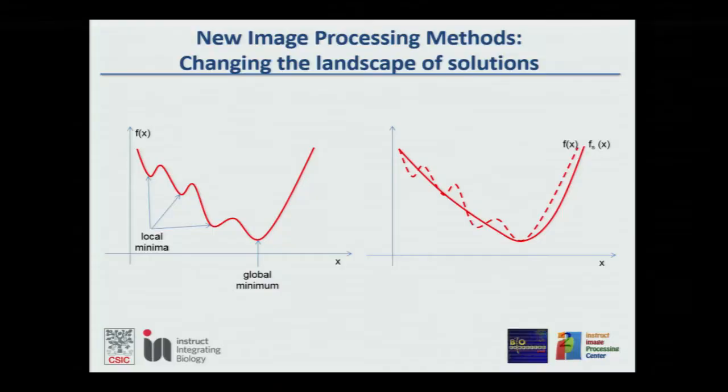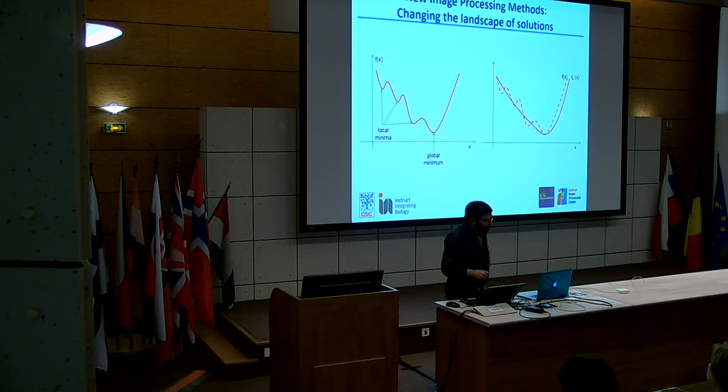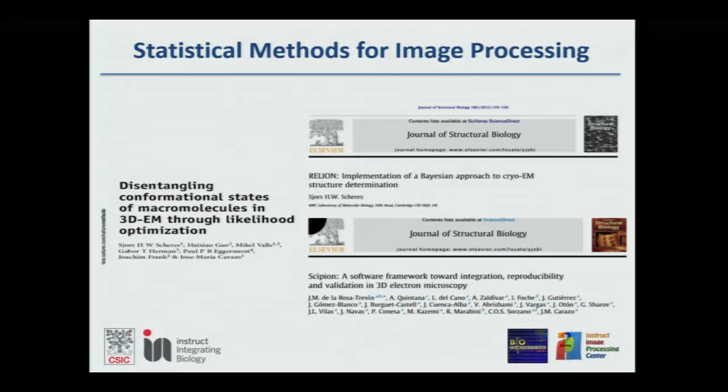Well, through some exhaustive procedure, perhaps. Also, maybe by trying to approximate your landscape of solutions with something smoother, in which, however, the estimation of the global minimum would be the same or very similar. And this is what we did with Sjors at the very beginning.